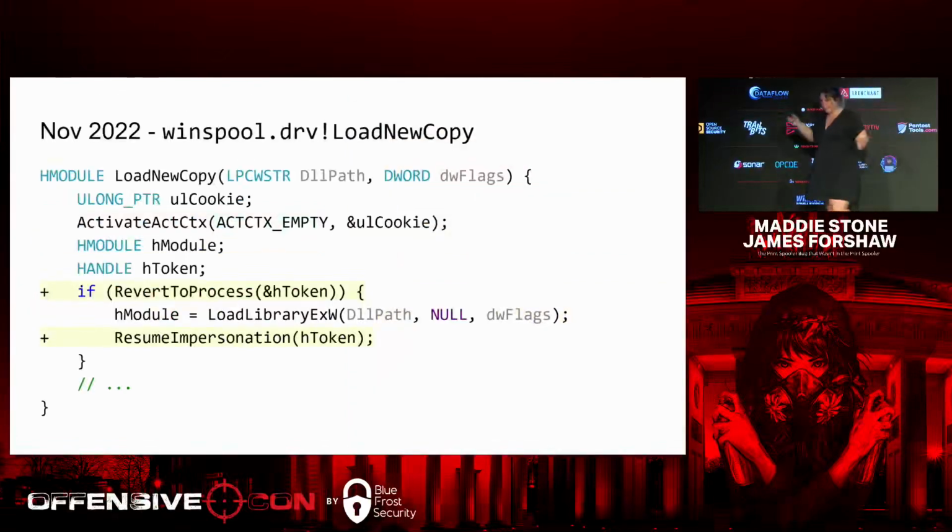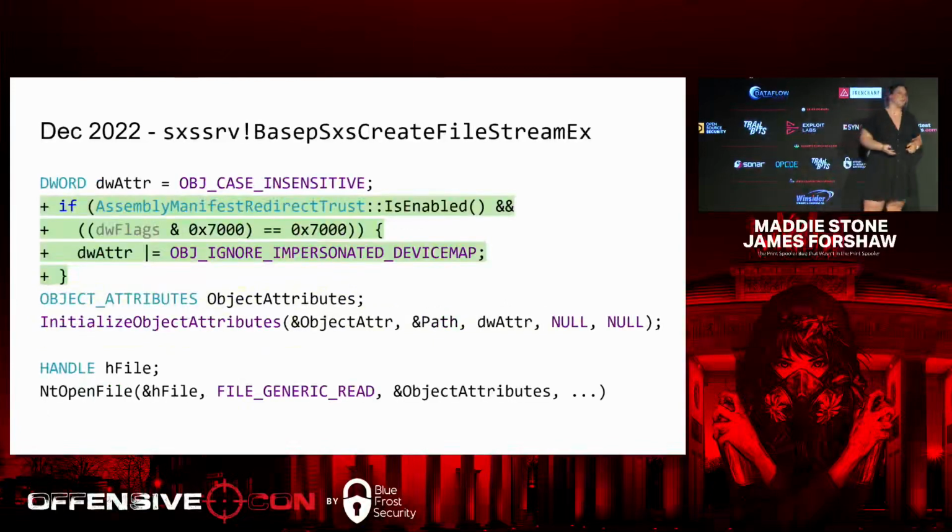So how did Microsoft fix this? We talked about the very first patch they did. And if you're looking at this and being like, but wait, isn't that just breaking the exploit? Yes, you would be correct. So they did follow it up the next month in December with changes to the side-by-side service to create a broader mitigation.